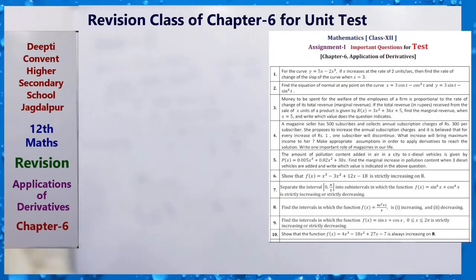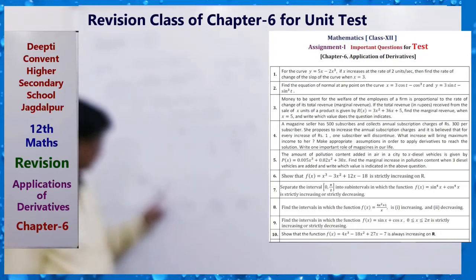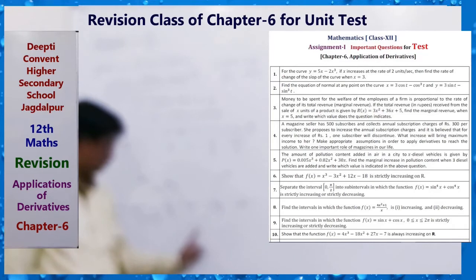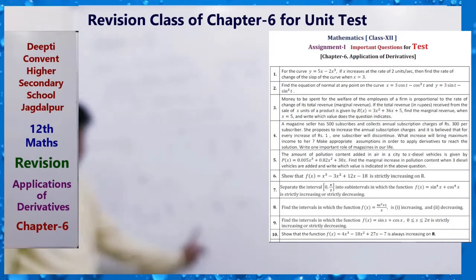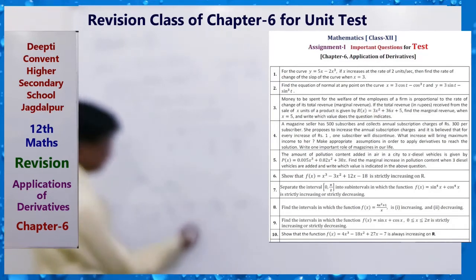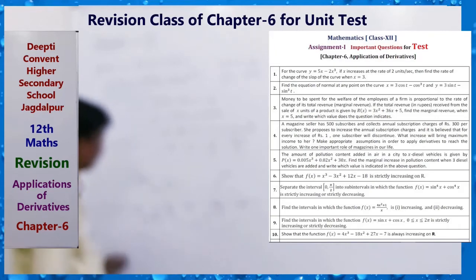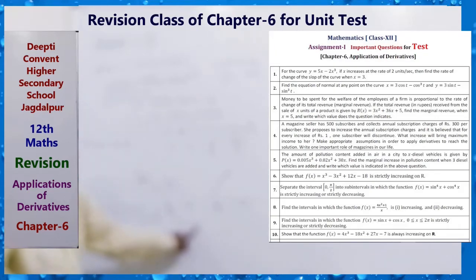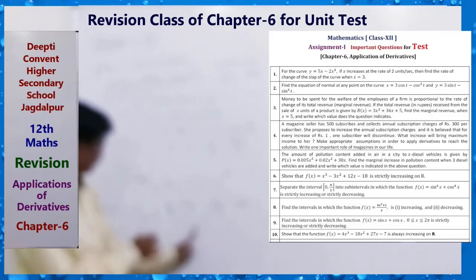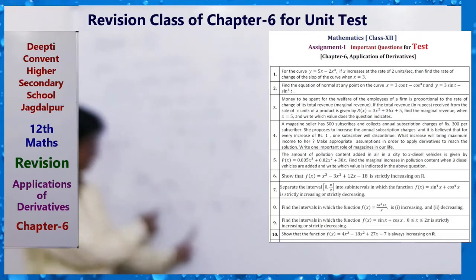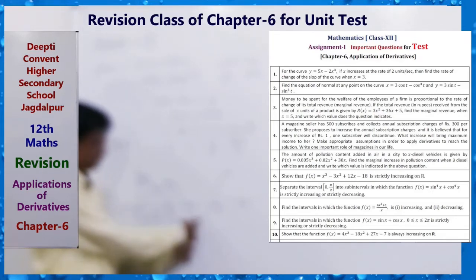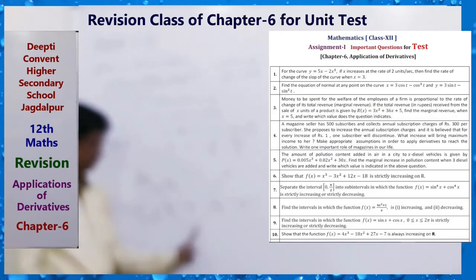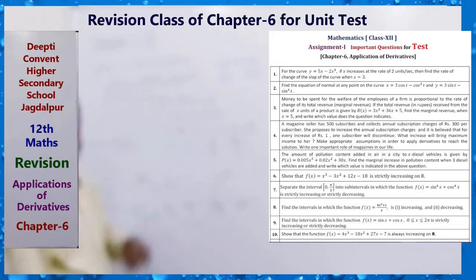Also, here sine is greater and cos is lower up to this part. This value is 5 pi by 4. So here the sign will be negative.